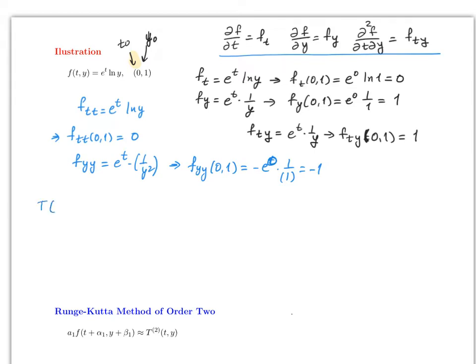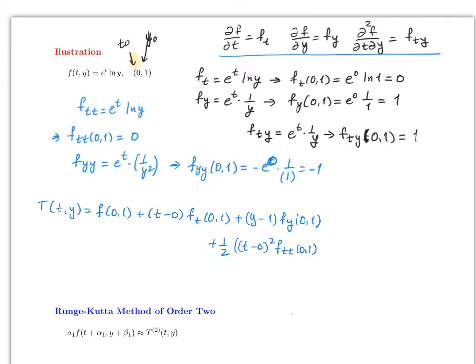Hence, the Taylor polynomial in two variables of t, y is going to be f(0, 1) plus (t minus 0) times the partial derivative of f with respect to t at (0, 1), plus (y minus y0) times the partial with respect to y, and then plus 1/2 times (t minus 0) squared times the second derivative evaluated at (0, 1), plus 2 (t minus 0)(y minus 1) f_ty evaluated at (0, 1), plus (y minus 1) squared times f_yy evaluated at (0, 1).